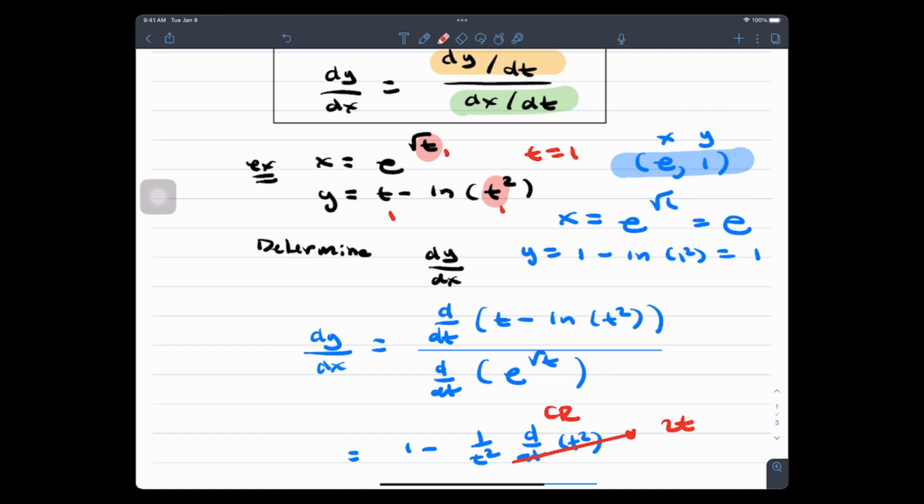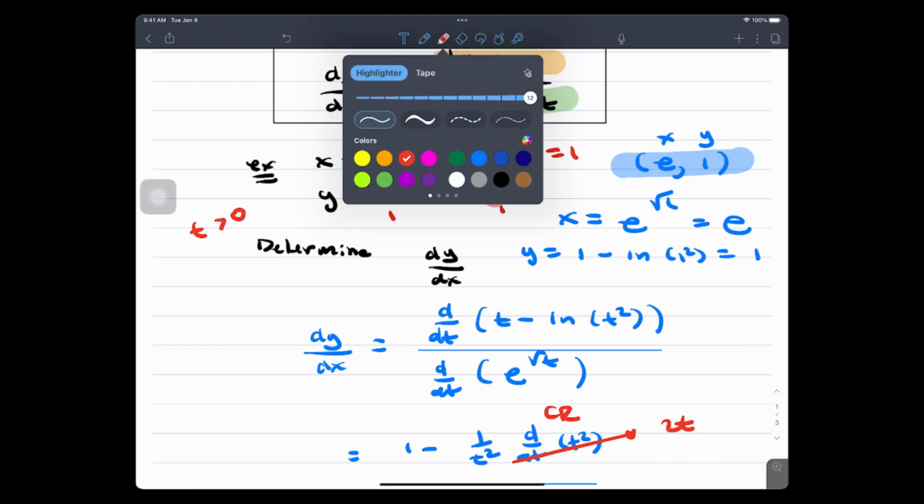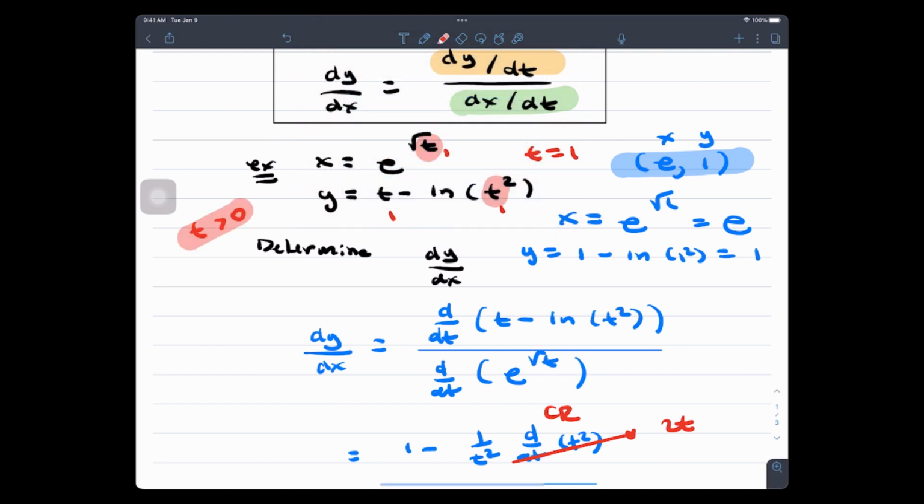They didn't tell you what t has to be, but remember that t has to be greater than 0, not greater than or equal. How come not equal? Natural log of 0 squared, which is natural log of 0, is undefined. So t is strictly bigger than 0.